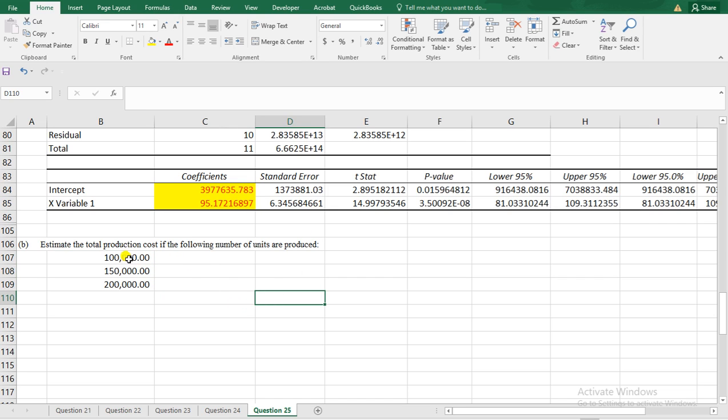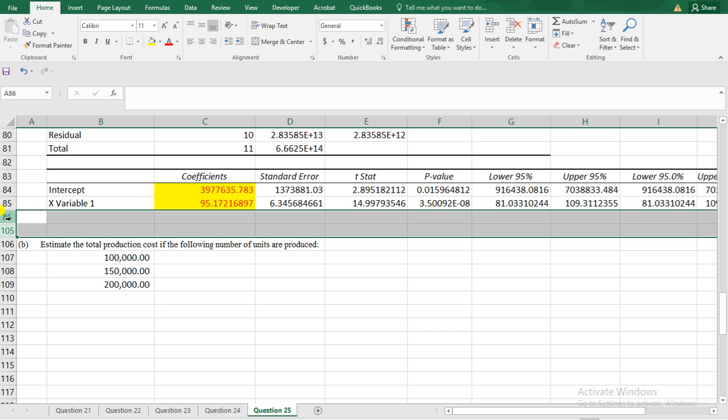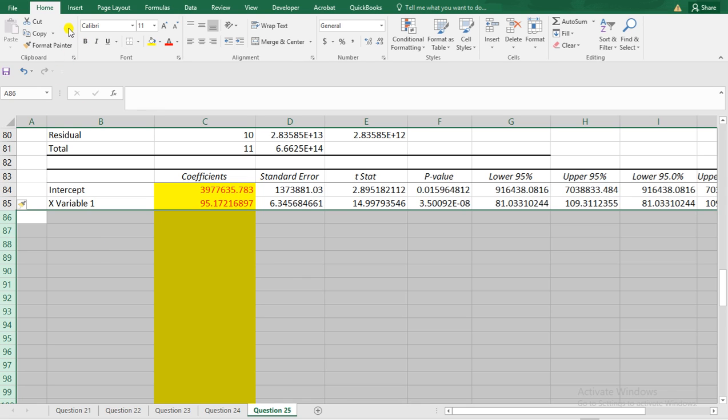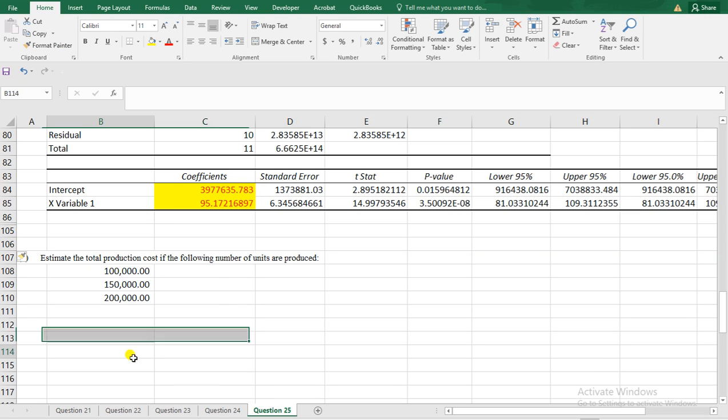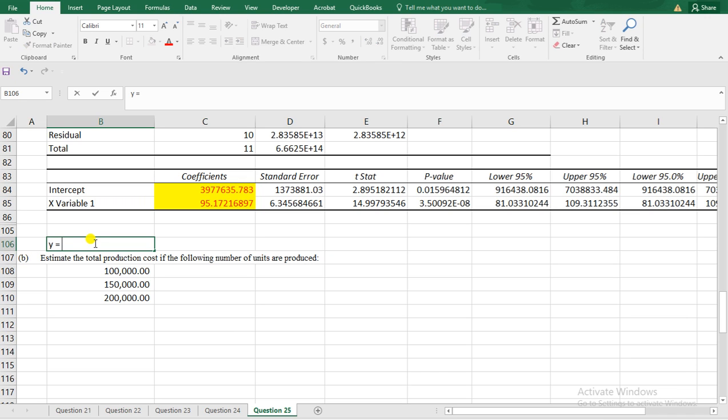So basically, this is what you're supposed to do to estimate. We know our linear function, so the total cost y that we are supposed to determine should be equal to 3,977,635.78 plus our B, 95.172x.